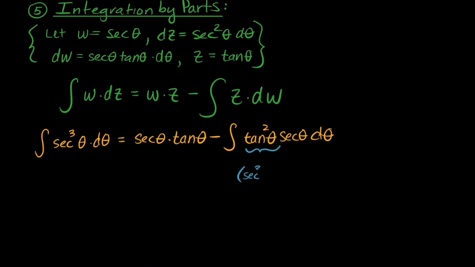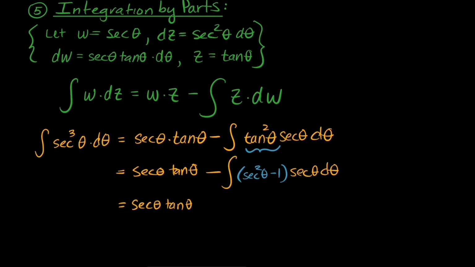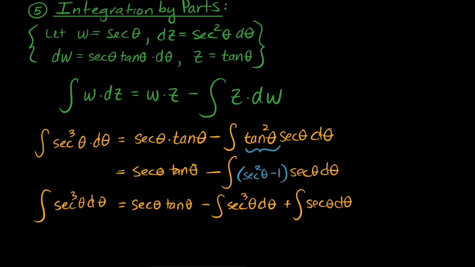Now we can make another trigonometric substitution again here. Tan squared theta is equal to secant squared theta minus 1. So now this becomes secant theta tan theta minus the integral of secant cubed theta d theta plus the integral of secant theta d theta.